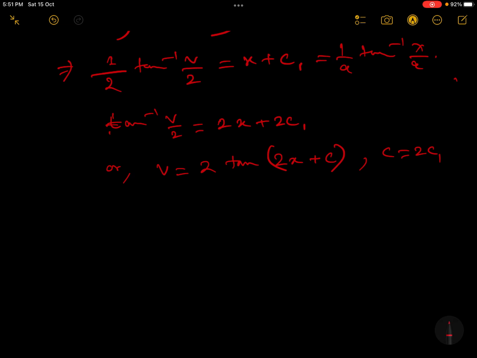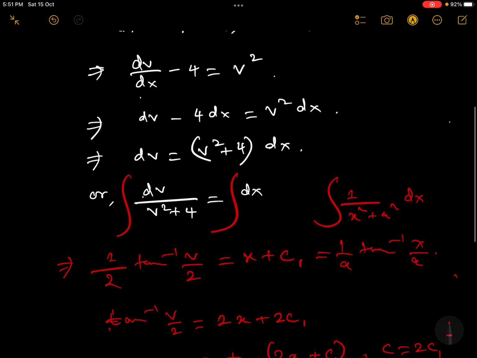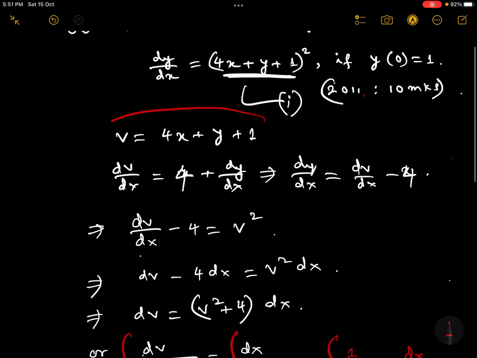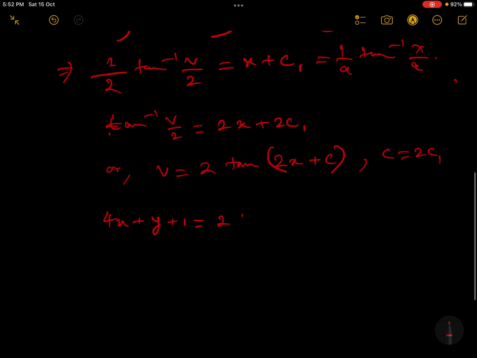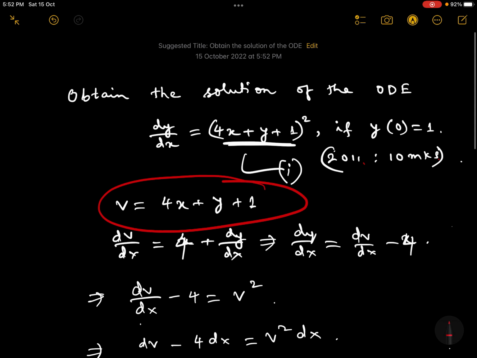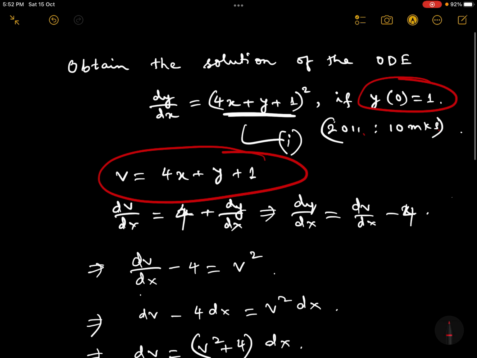And our v, as we have substituted, is 4x plus y plus 1. So this equals twice tan of 2x plus c. And there is an initial condition given, y of 0 equal to 1.